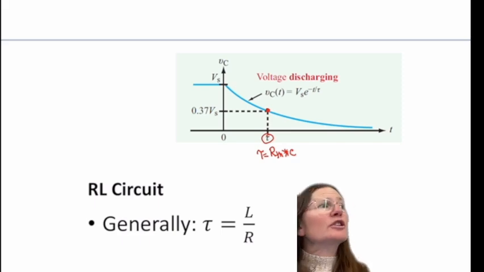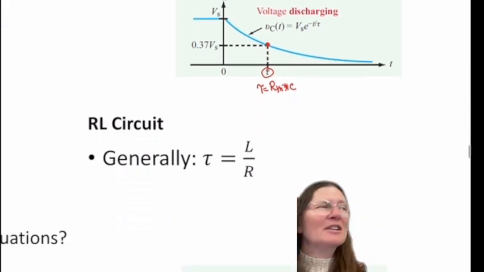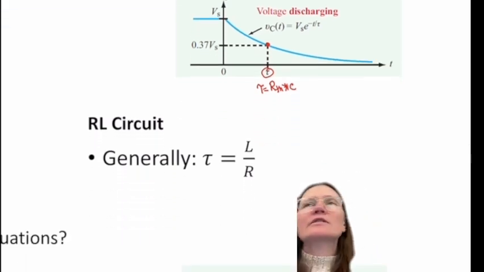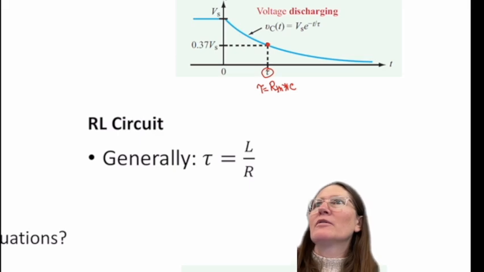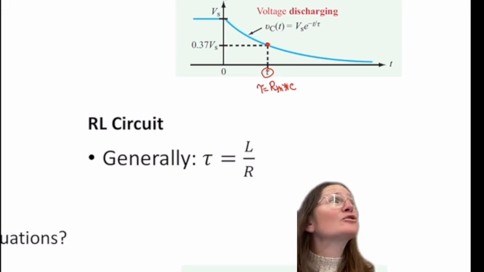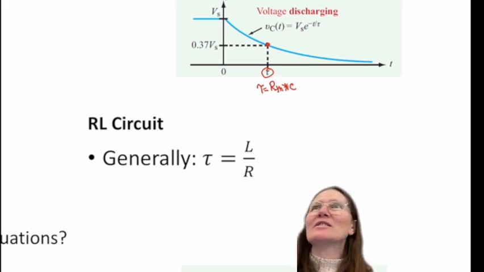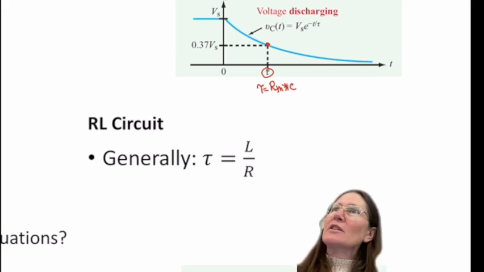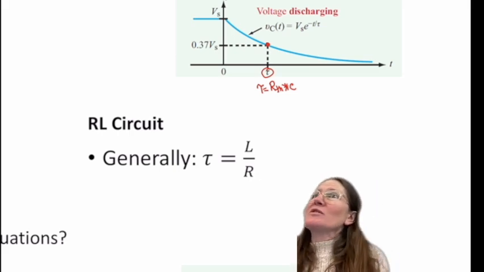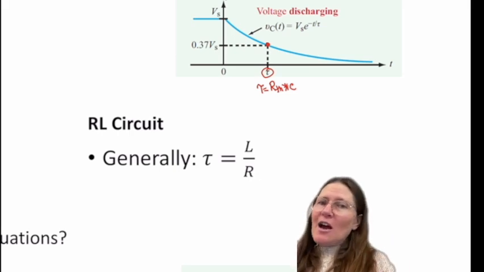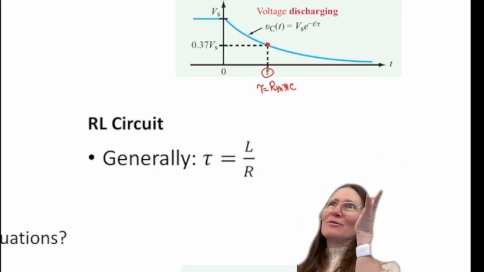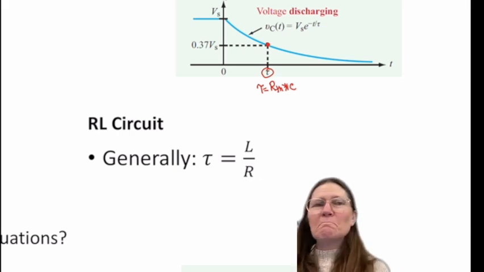For an inductor, which is that one, what would you do to decrease tau? Either decrease the inductor, or increase the resistance RTH. So either way, you have to know what that tau is dependent on. And again, that tau came from the derivation of that original circuit in the time domain.